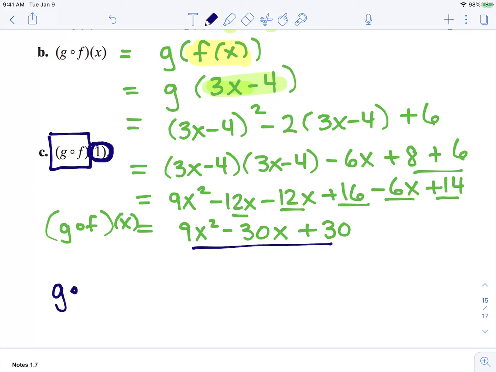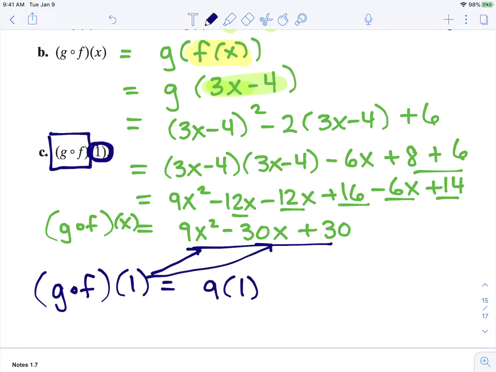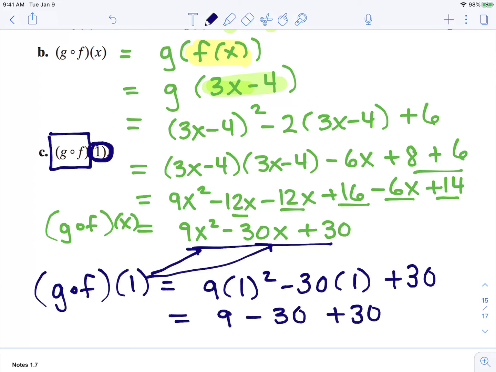So to take g of f of 1, you're going to replace this x with 1 and replace that x with 1. And now simplify. We're going to get 9 minus 30 plus 30 gives us 9. So g of f of 1 is 9.